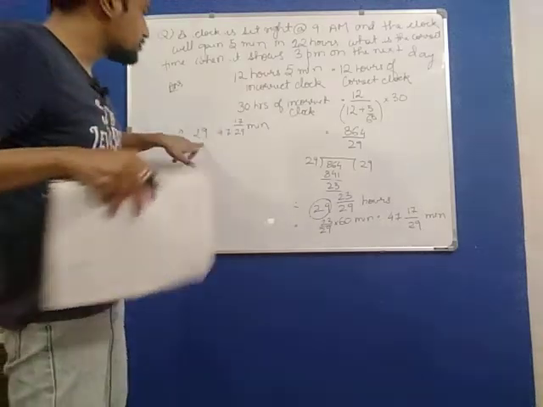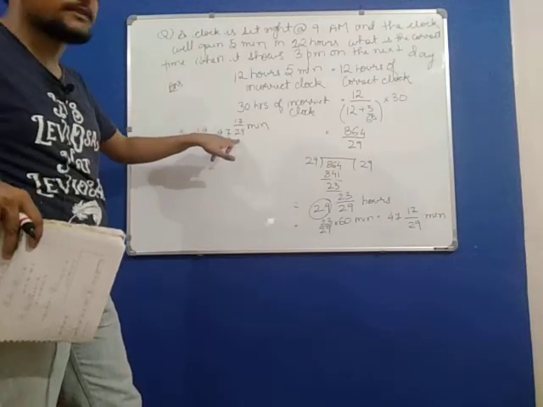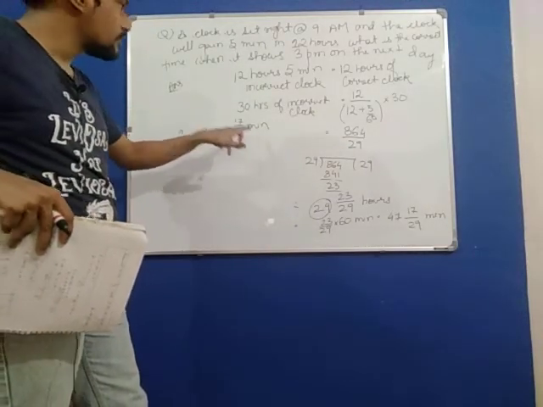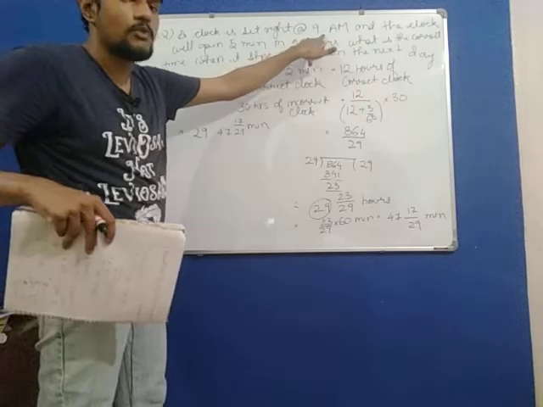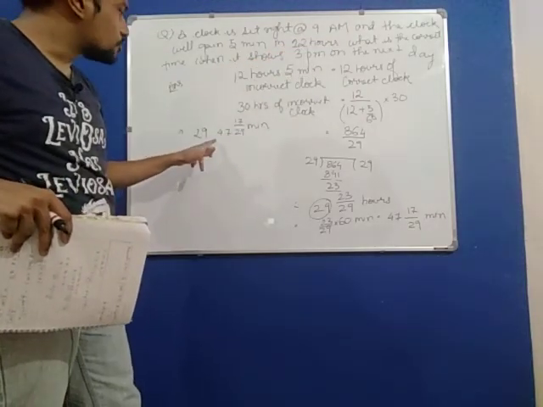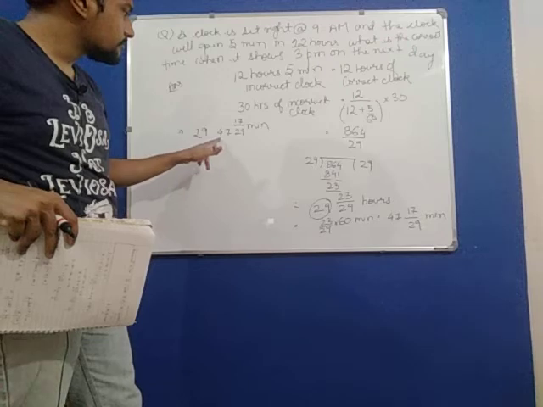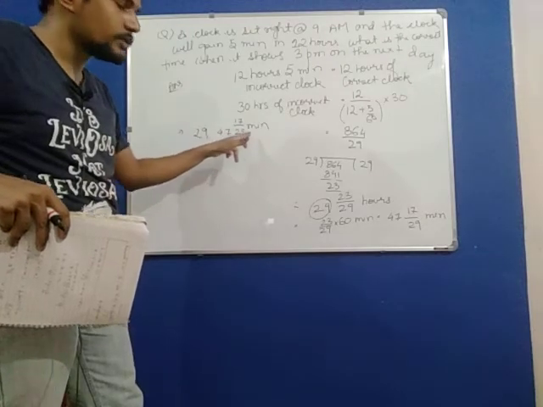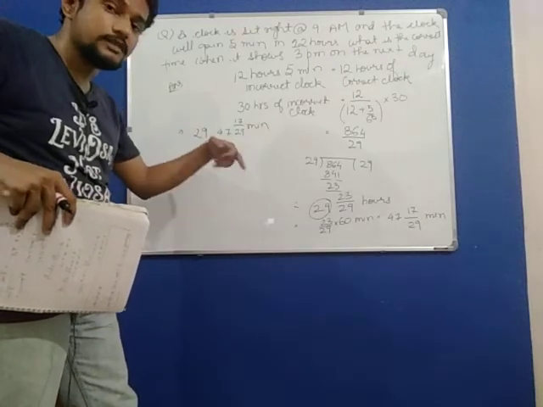And if we add 29 hours, 47, 17 by 29 minutes to 9 AM of one particular day, we will get nothing but 2 PM 47, 17 by 29 minutes of the next day.